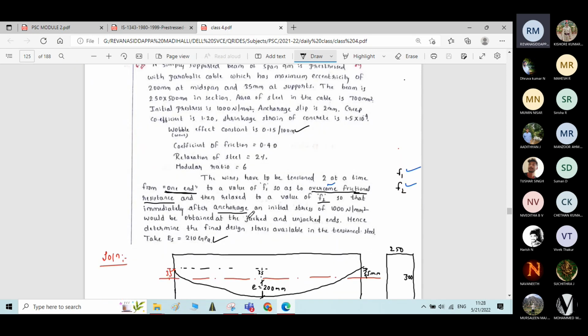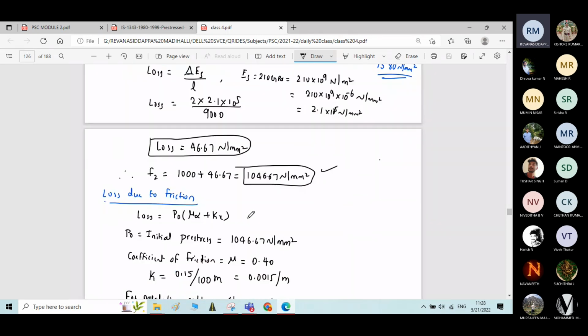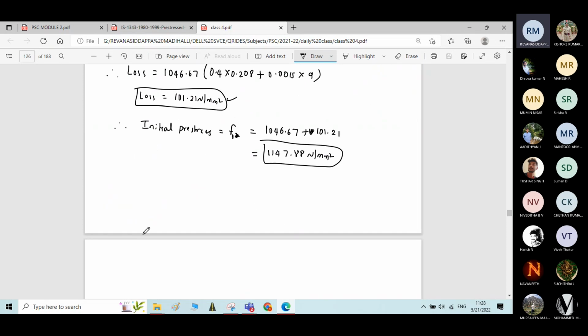For that, we have calculated loss due to anchorage slip and loss due to friction, and added them to 1000. We got 1147.88 Newton per mm square as the initial pre-stress. In the next calculations, you have to consider this 1147.88 as the initial pre-stress.